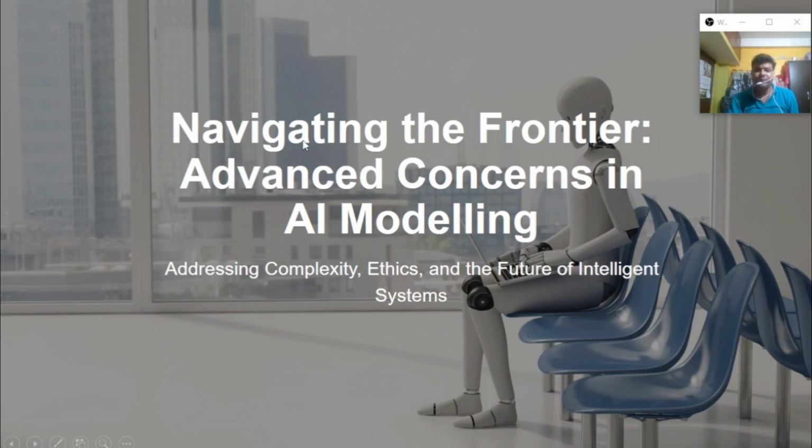Hello students, today I will discuss advanced concepts about modeling in AI. These topics are contained in your textbook, AI for Class 10 CBSE board, under Part B, Unit 1.